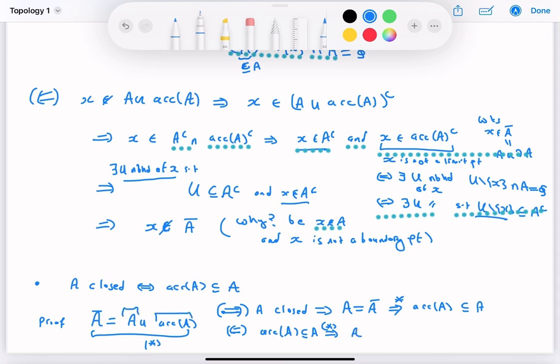So by star I have A bar is equal to A, and this means A is closed.